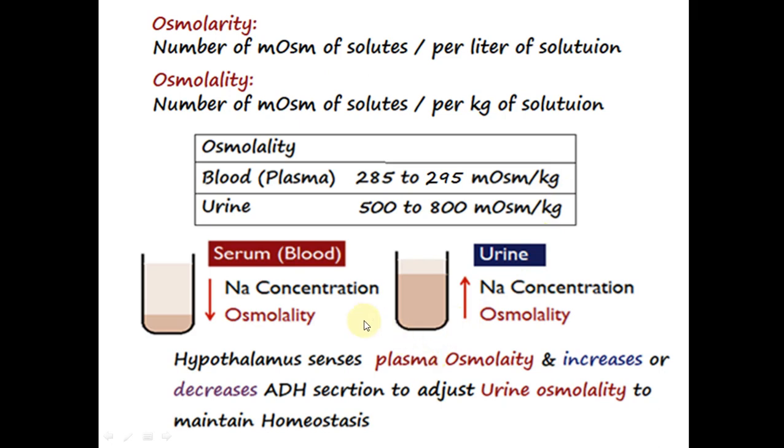So by sensing the osmolality, the hypothalamus adjusts the secretion of ADH, which will cause reabsorption of water from the urine, making the urine hyperosmolar and blood hypoosmolar. And in this way, the hypothalamus will maintain homeostasis.